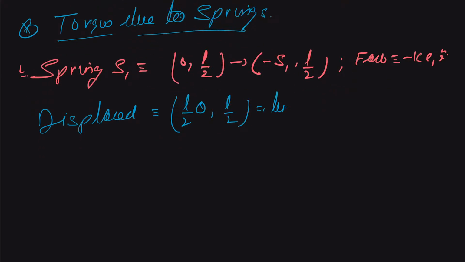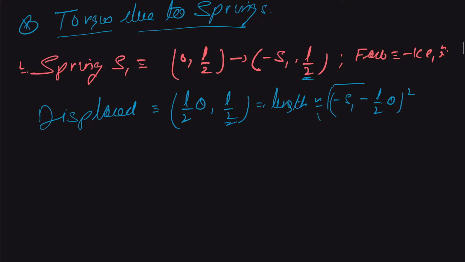So the length will be approximately equal to minus S1 and minus L by 2 theta, and this is a whole square. The other term will be L by 2 minus L by 2, that will be 0. So the length will be approximately equal to S1 plus L by 2 theta.